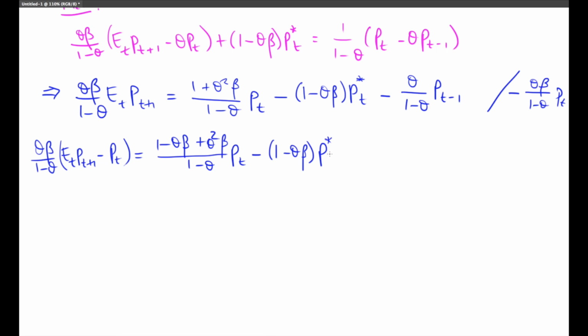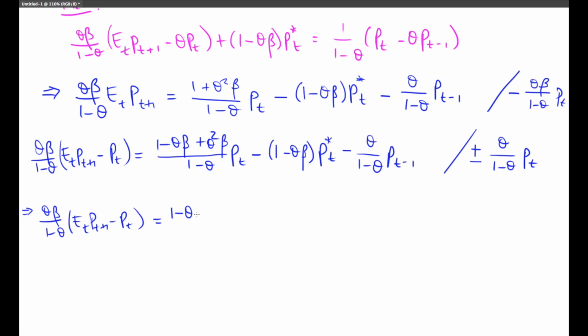So that's why we have this expression squared and the theta times beta, and then we're going to add and subtract on the right hand side this element, theta over 1 minus theta times p.